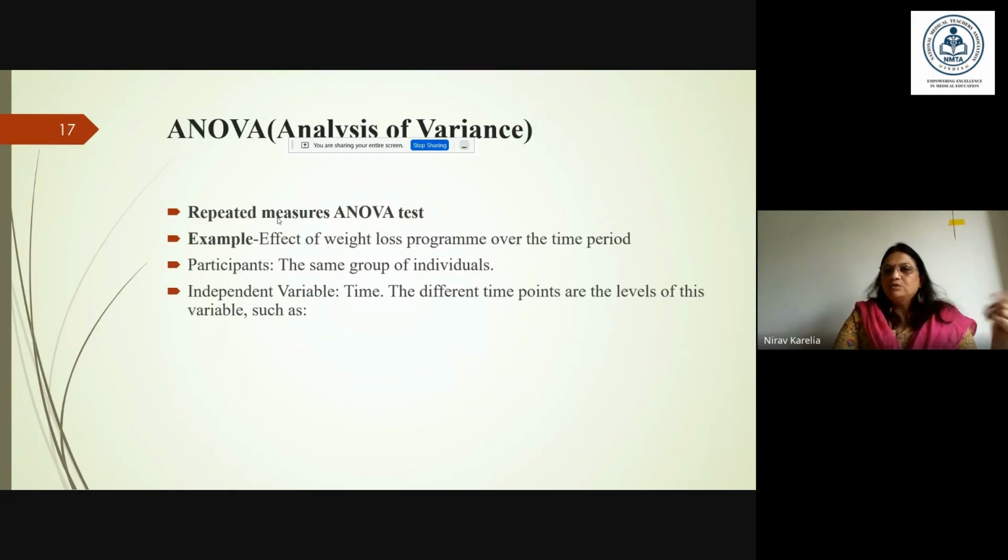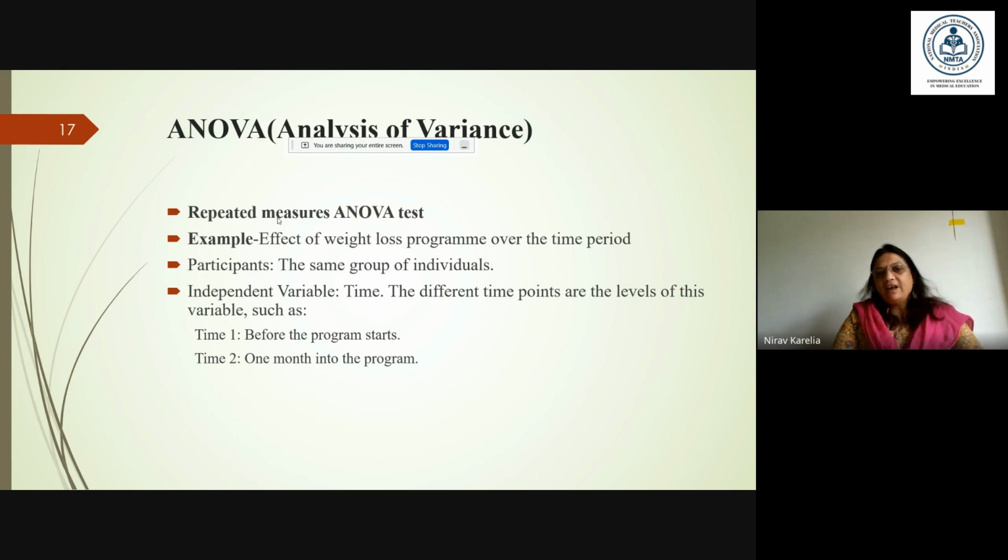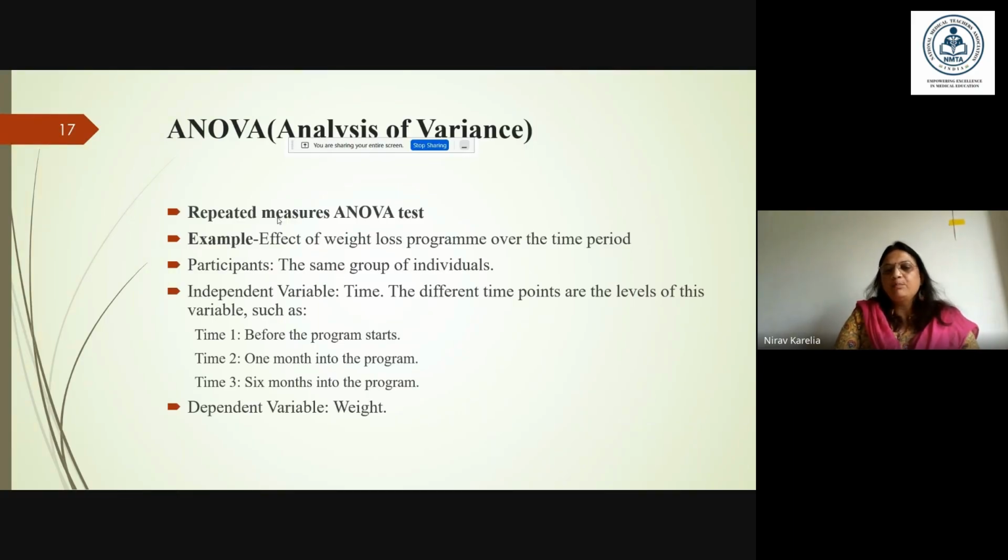Okay, so the best example is before the program or before the medication. Okay, what are the baseline characteristics? Then after 1 month, after 3 months, 6 months, 12-month follow up. I am giving this example of weight, any diet weight loss program. So at baseline, what is the weight of the patient?